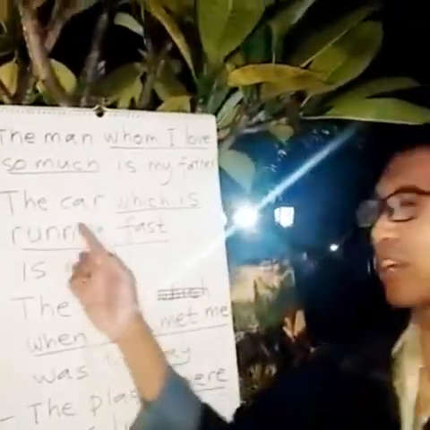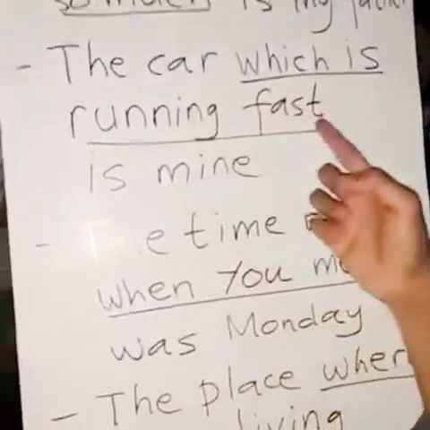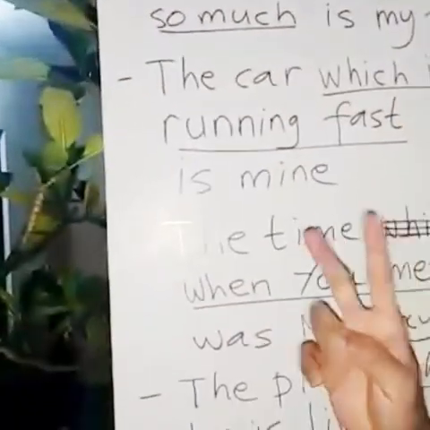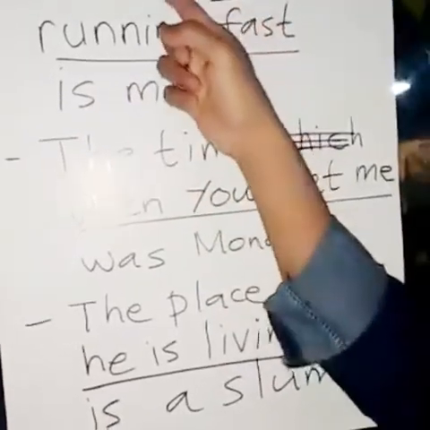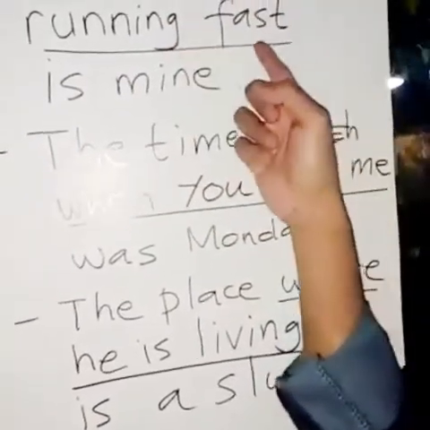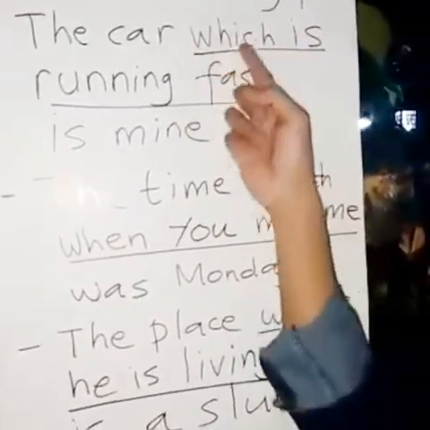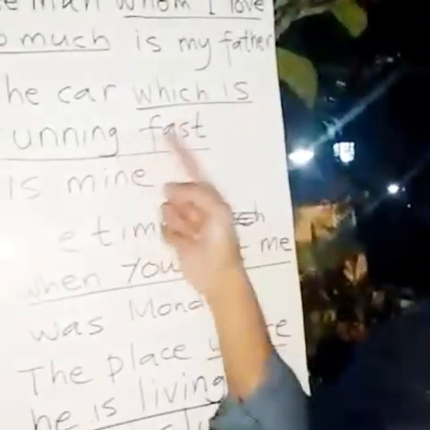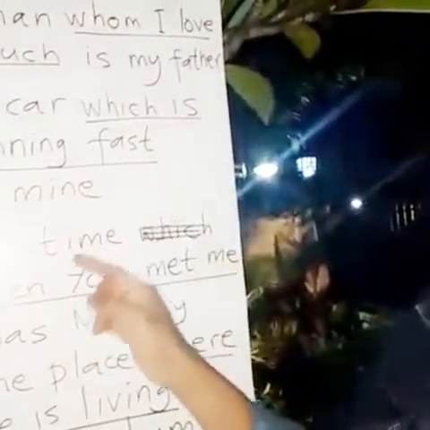And then the third example, the car which is running fast is mine. So there are two sentences. The car is mine and the car is running fast. And then we replace the car with the relative pronoun which. So which is running fast here is subject. Next example.